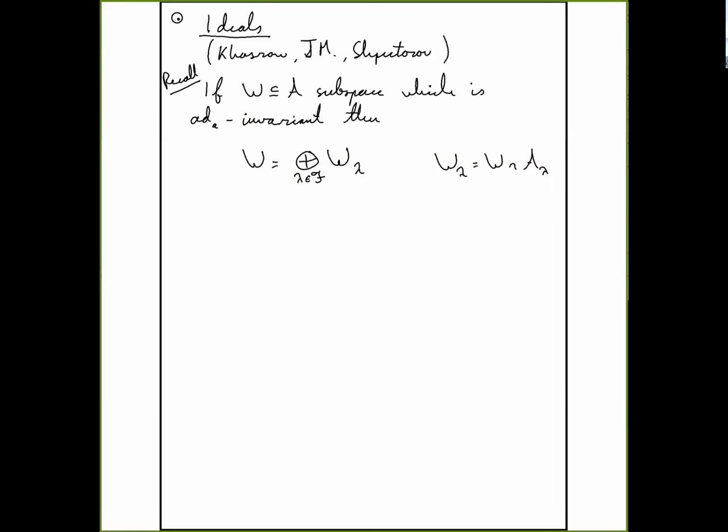So this holds for ideals. For an ideal I, we get this decomposition for I, where the lambda part of I is just I intersected with the lambda eigenspace.